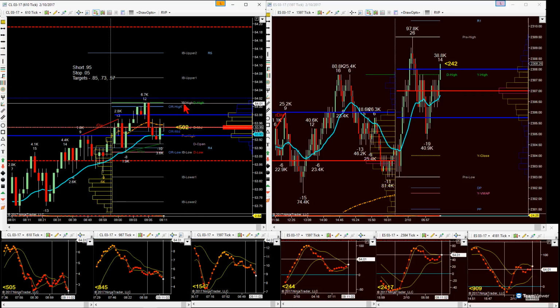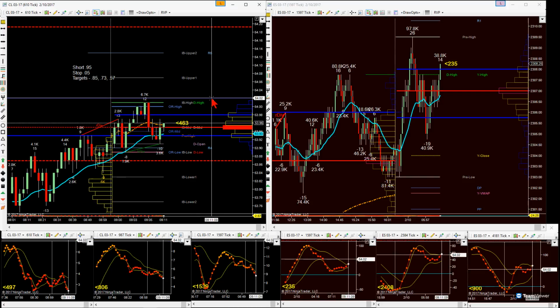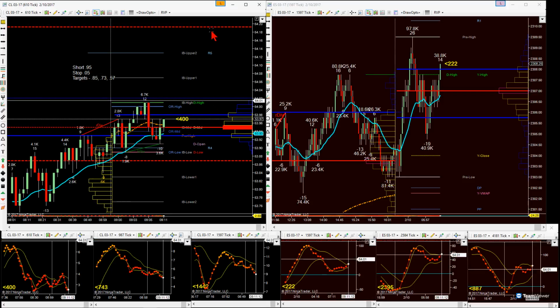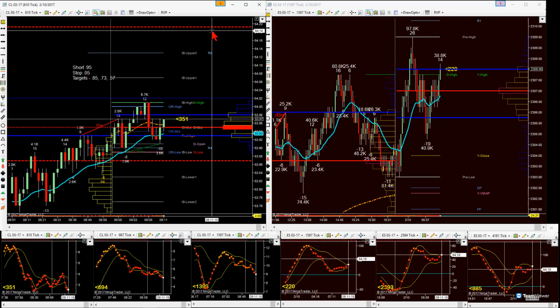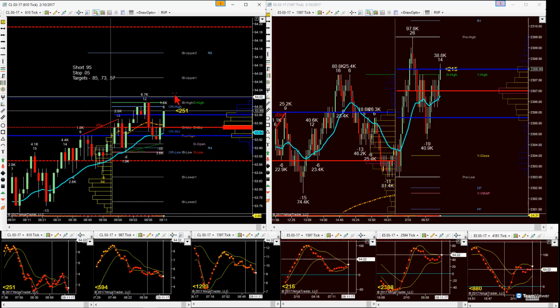I would tell you probably need to scale towards high of day, and your stop has to be pretty much just above it, because if we break high of day, we just don't have anything between that and this next swing to use as a stop area.